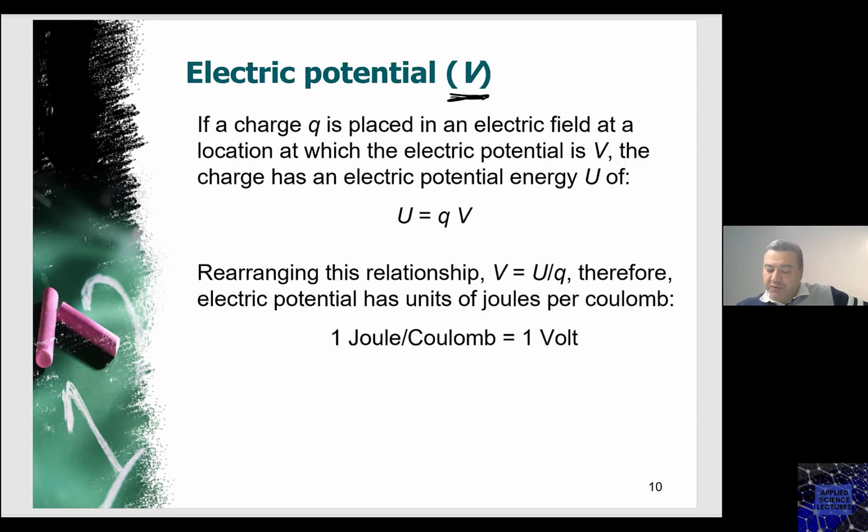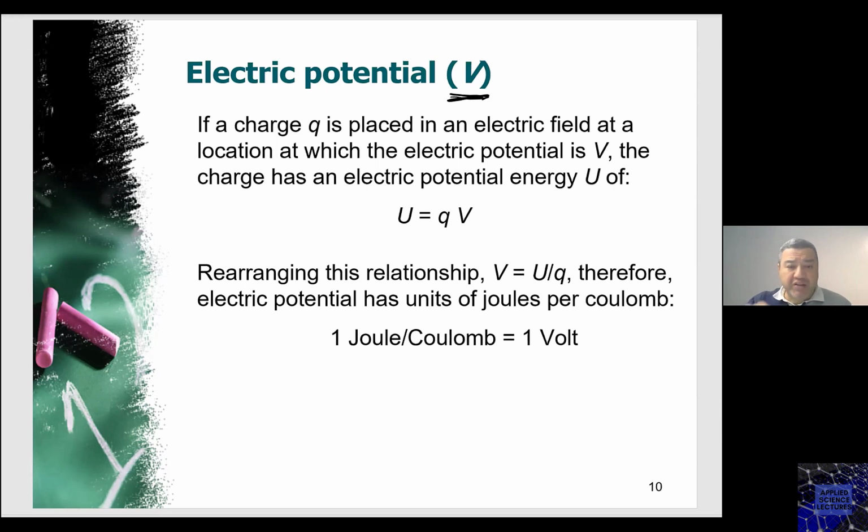Now let's move to the electric potential. Basically, the electric potential is a parameter related to the electric field itself, such that at specific points in the existence of an electric field, there is an electric potential related to that location.